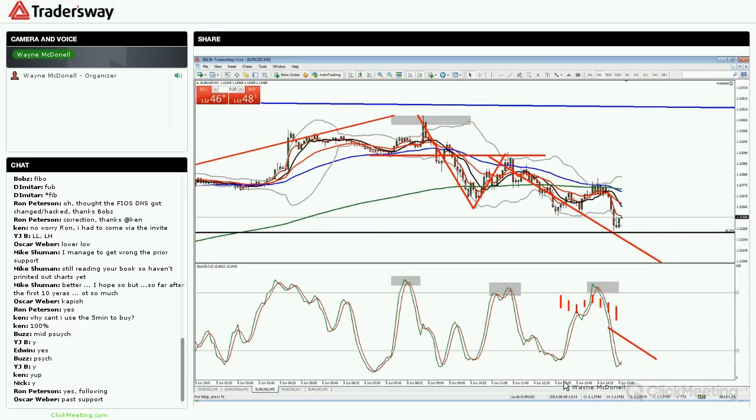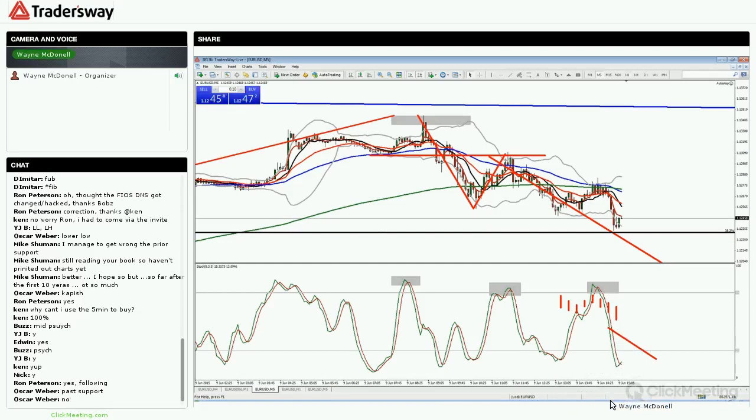We'd have a 5-minute that wants to go up, a 15-minute that wants to go up, and an hour that wants to go up. But does it have to go up? No, because all it's telling you is that it's oversold on every time frame. But of course it's oversold. Everybody's selling it.